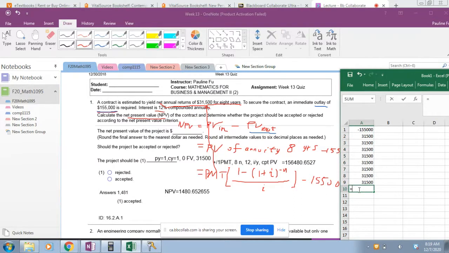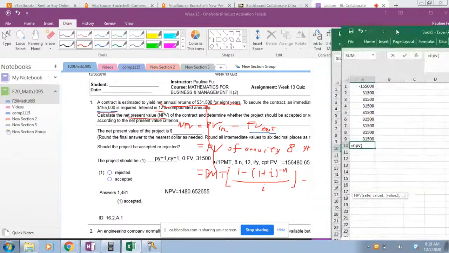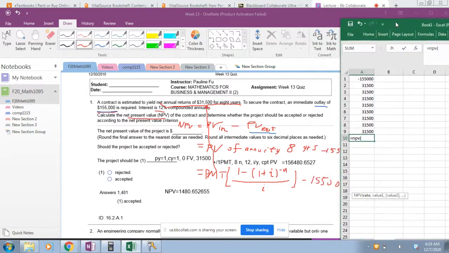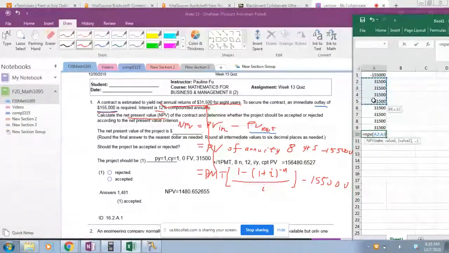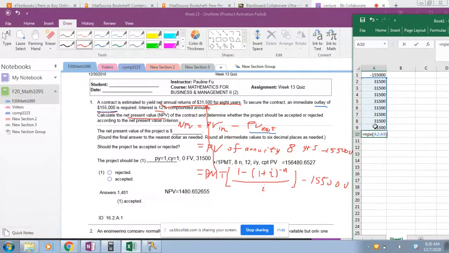Type in equal NPV, opening bracket, and then the values, you use all the numbers except the initial outlay, closing bracket, and then plus the initial outlay. That is the formula.